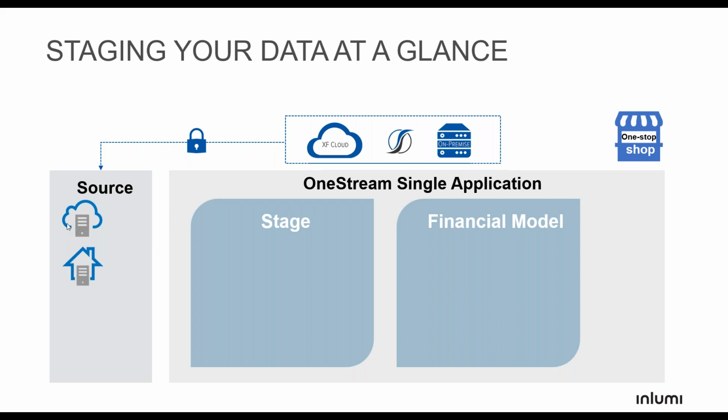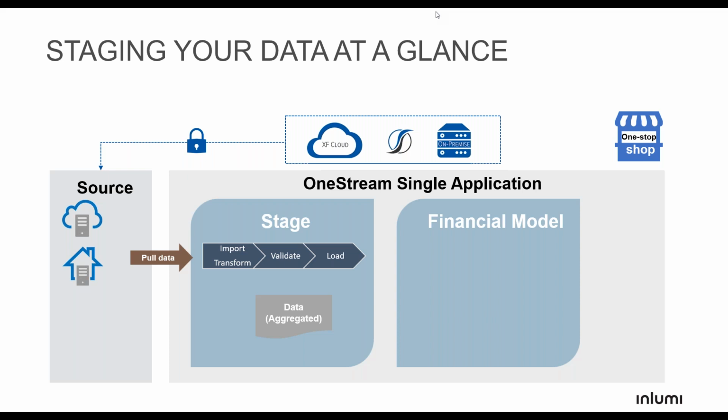Okay, but we don't lose any functionality because of being OneStream cloud or OneStream on-prem, of course. So how does this work? We are going to pull data from our source, and then we have a guided workflow. Okay, so we import the data, we transform the data, then we run some validations, and finally we load data into our financial model. Okay, so into our application core engine.